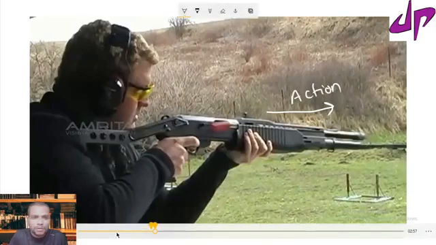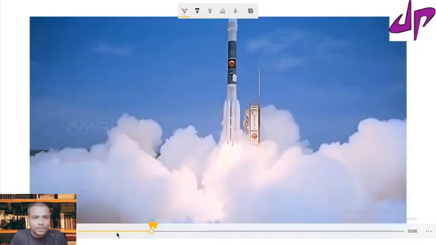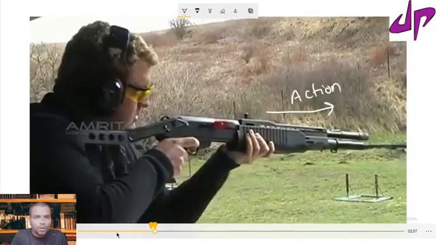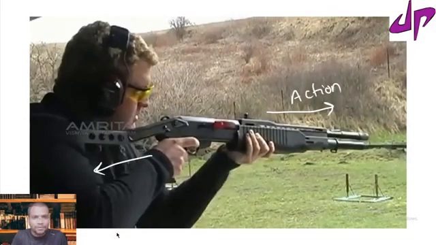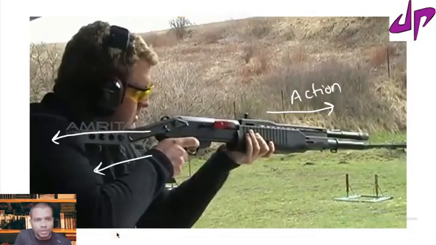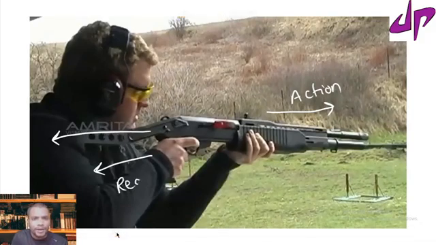The bullets will come out, and you can observe that he is moving backward, so the rifle is moving backward. He is moving backward because the gun will exert force on the shoulders, and this is called reaction.